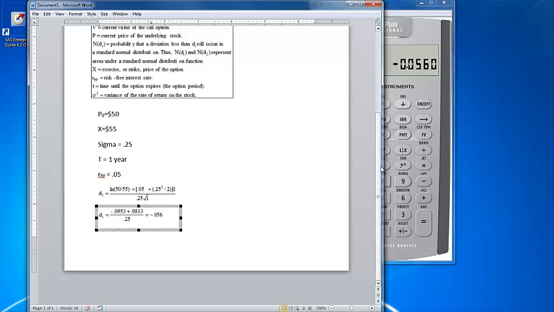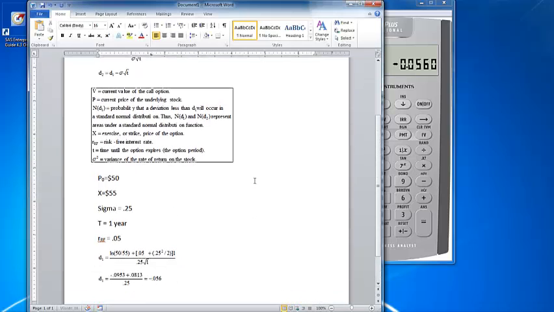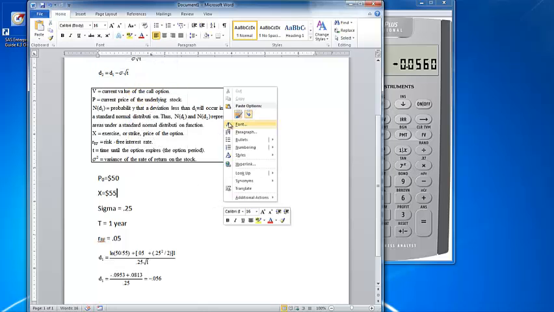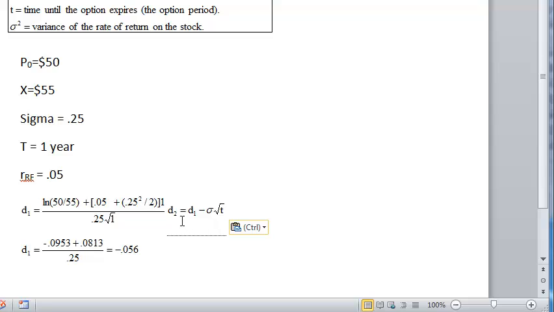D2 then, if we go back up here, to find D2 we take D1 and subtract out sigma times the square root of time. So D2 is equal to D1.